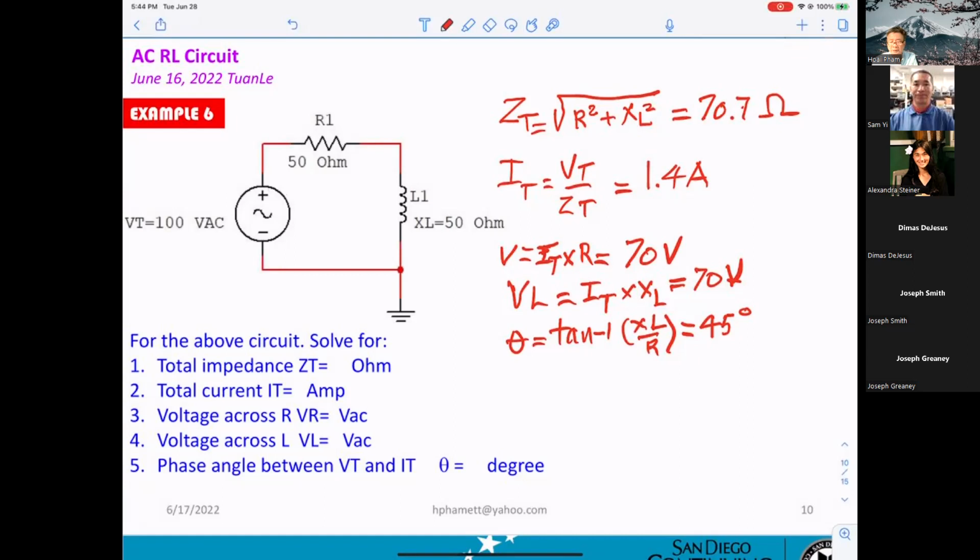I'm going to put tan⁻¹ of XL divided by R. XL equals 70, right? Divide by R, 50. That's the number you get. Then you can press tan⁻¹.